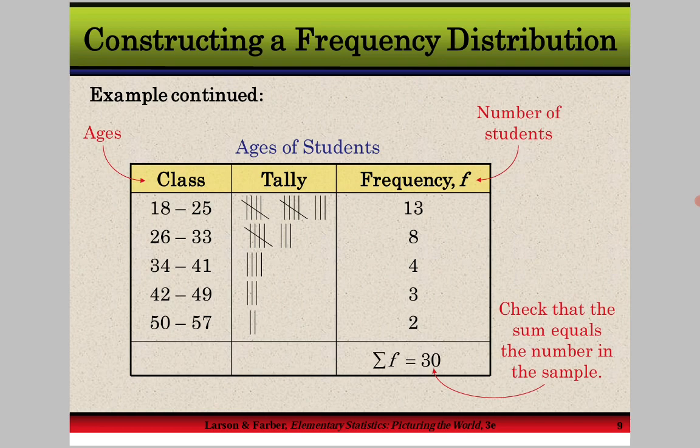That is 13 plus 8 plus 4 plus 3 plus 2, that is 30. So sigma f, where f is frequency, sigma f is equal to 30. Check that the sum equals the number in the sample space. So sigma f is the total or sum of all the frequencies in the given example.